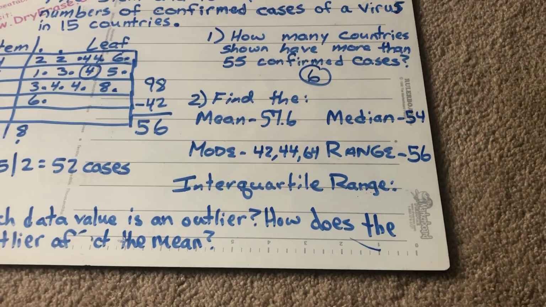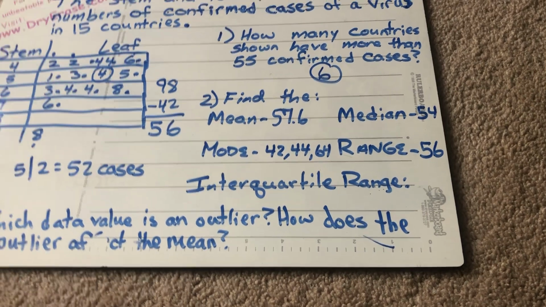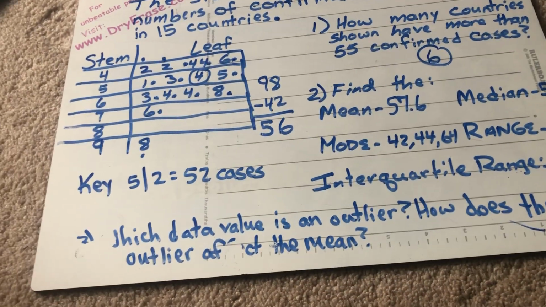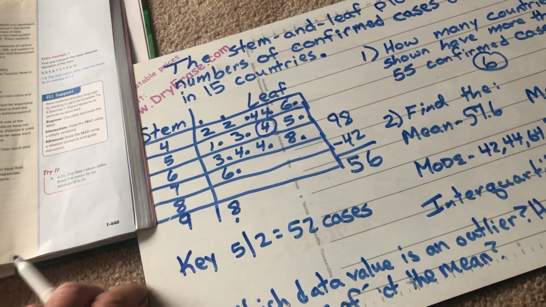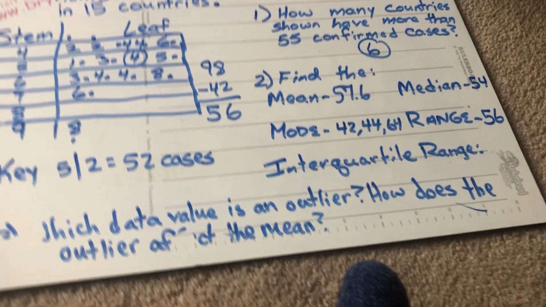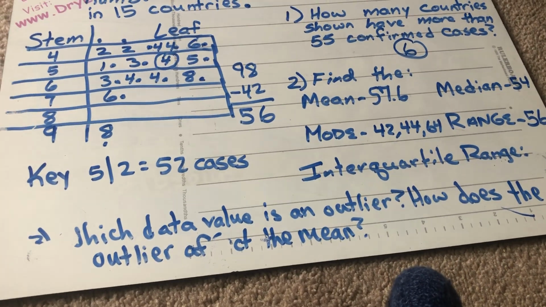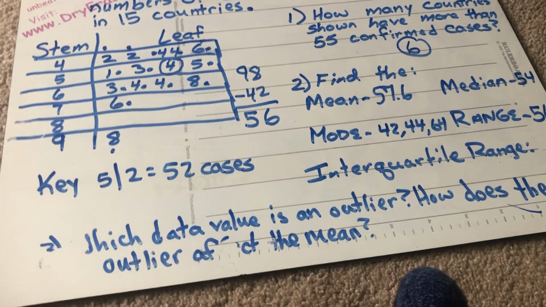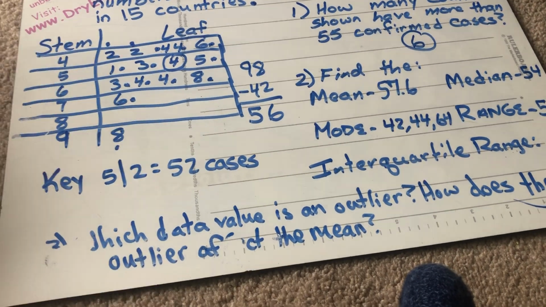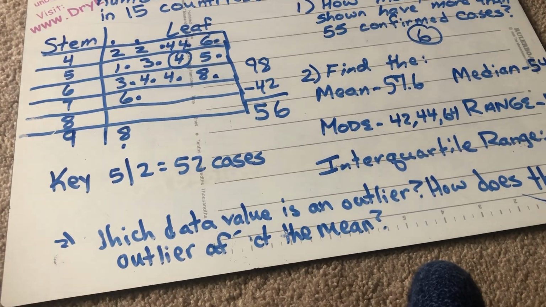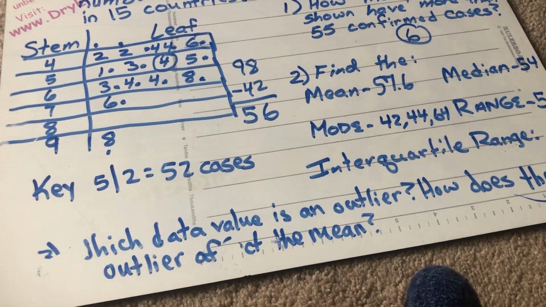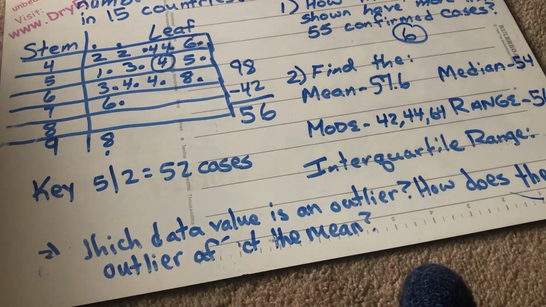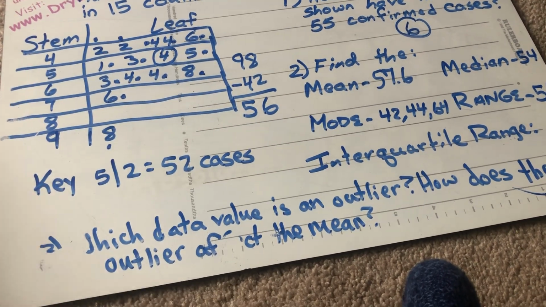All right, interquartile range. That's the difference between the median of the upper quartile and the median of the lower quartile. Now, I'm going to check something here real quick to make sure.